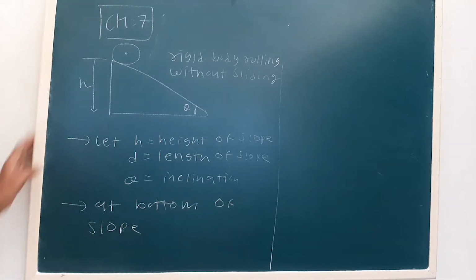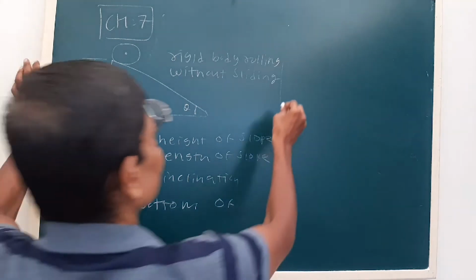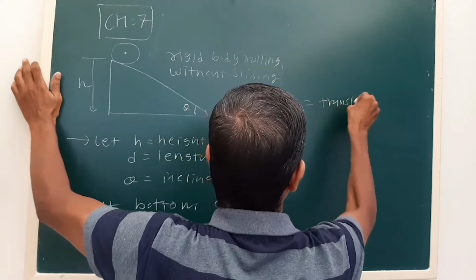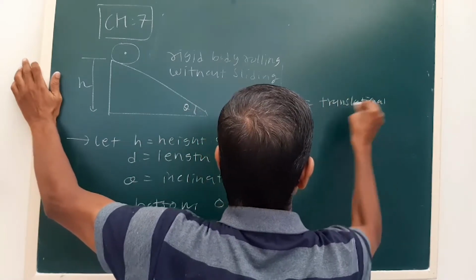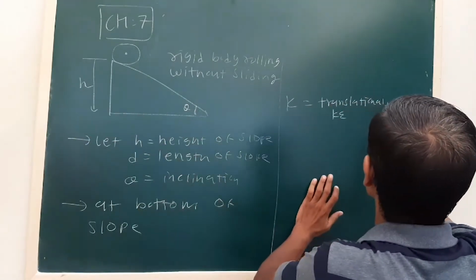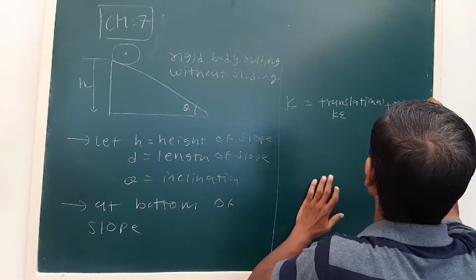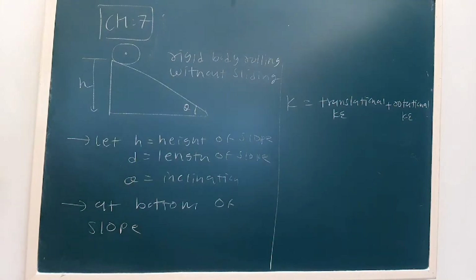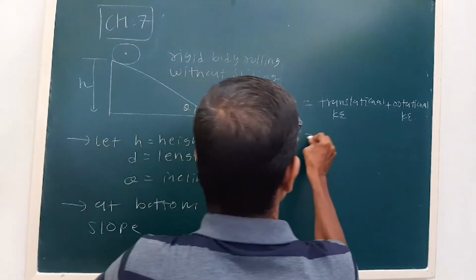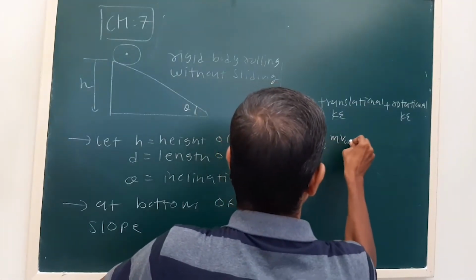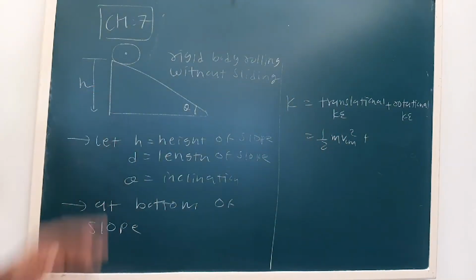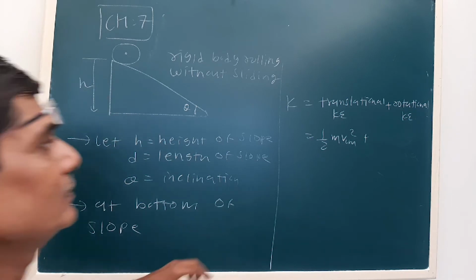the total energy, that is K, is equal to the translational kinetic energy plus the rotational kinetic energy. Now see what is the equation of the translational kinetic energy. Here we write it in terms of the motion of the center of mass of the body, so we write 1 by 2 m v square.